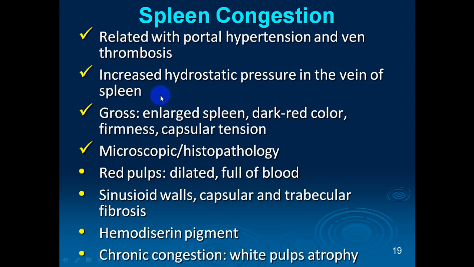And then spleen congestion is also related with increased hydrostatic pressure in the veins of the spleen. Actually this can also happen due to heart failure, in particular right-sided heart failure. Grossly, the spleen will be enlarged, dark in color, more firm, and has capsular tension.